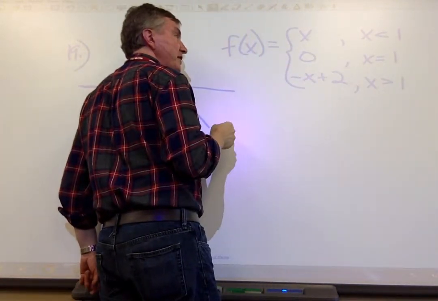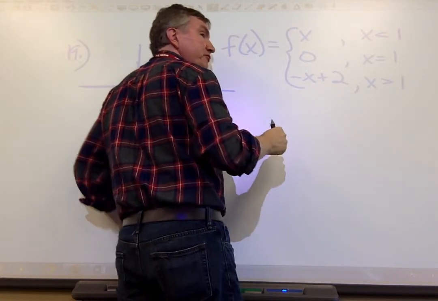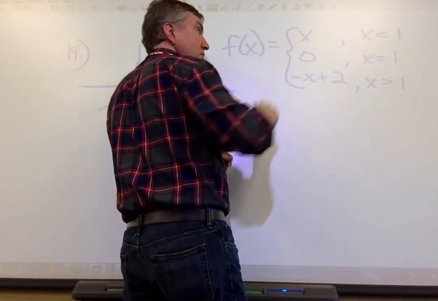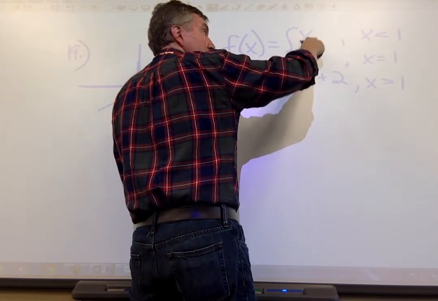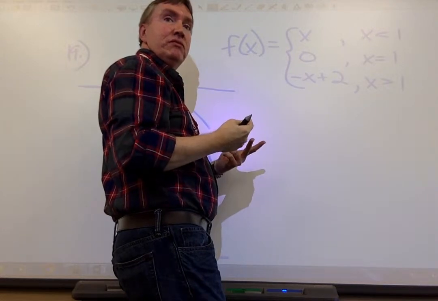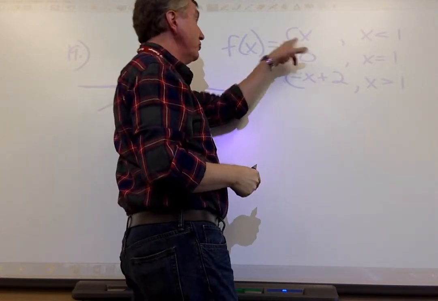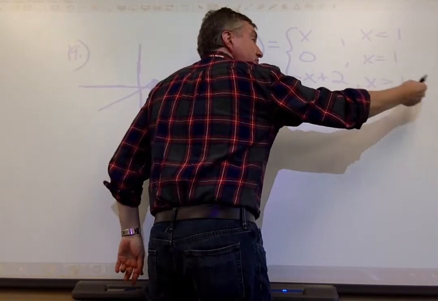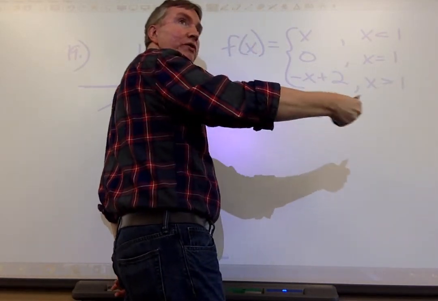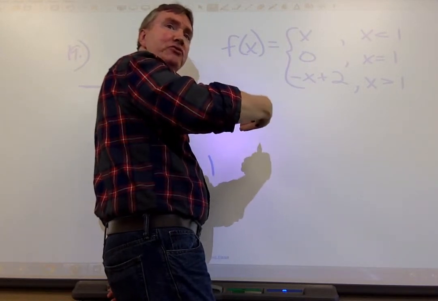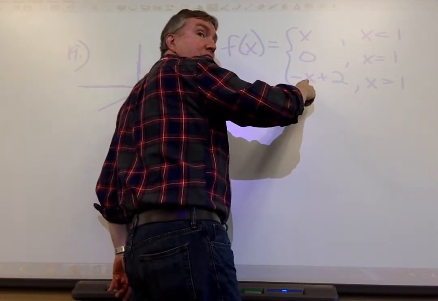So think of it like this. If I approach from the left-hand side a number below 1, I would put it in this piece. Well, as I get closer and closer to 1, that approaches 1, doesn't it? If I let x get close to 1, y would be close to 1. If I put a number larger than 1, like 1.01, 1.001, and I get closer and closer from the right-hand side back to 1, where does that go?